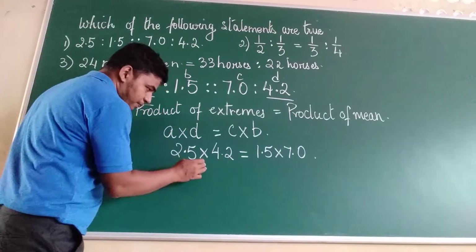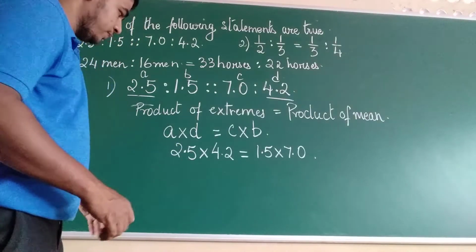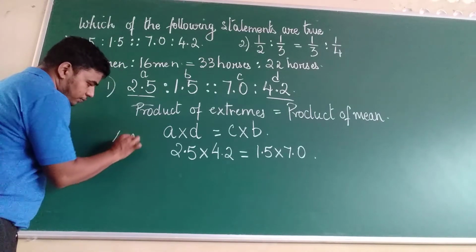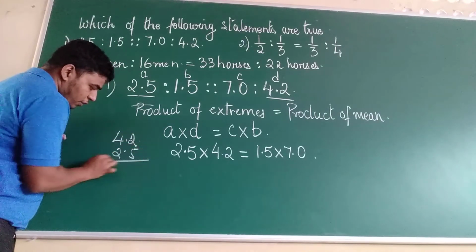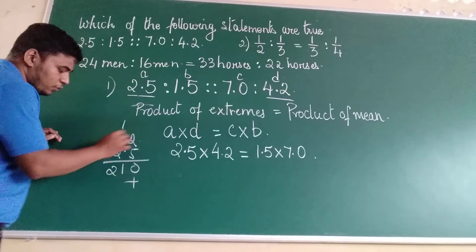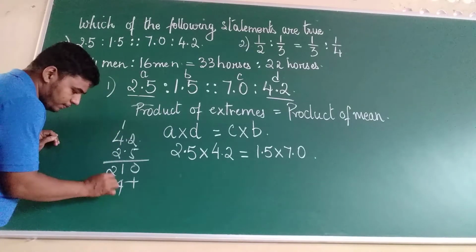Now when you multiply 2.5 into 4.2, what will you get? 5 2s are 10, 5 4s are 20, 21. 2 2s are 4, 2 4s are 8.